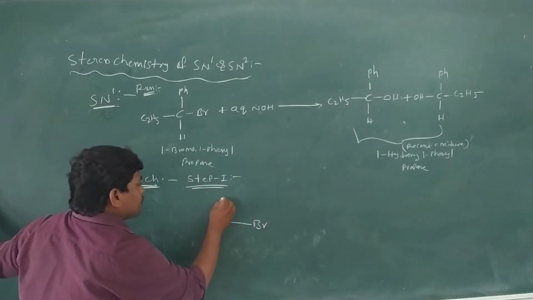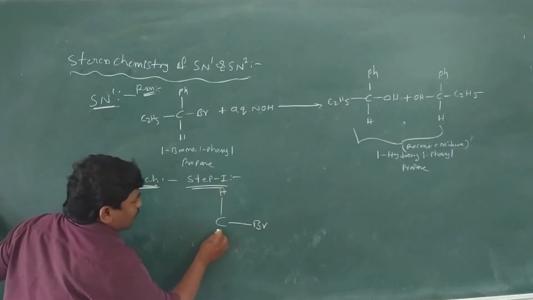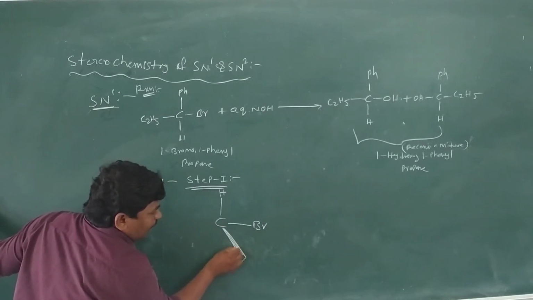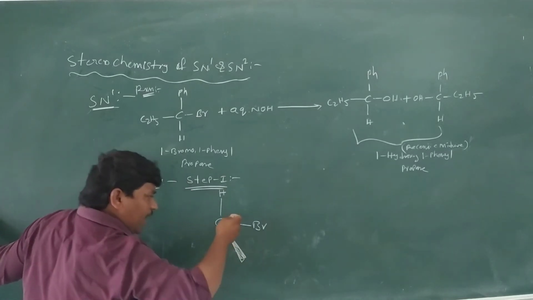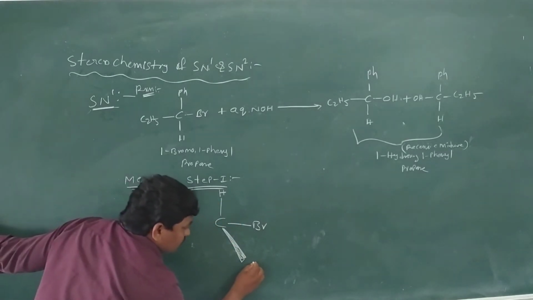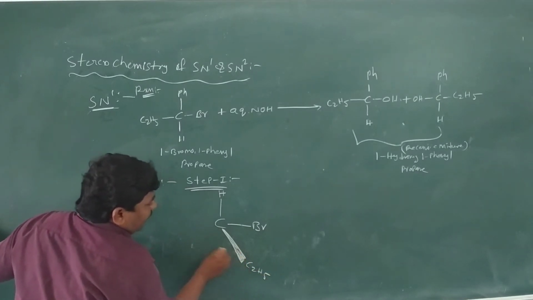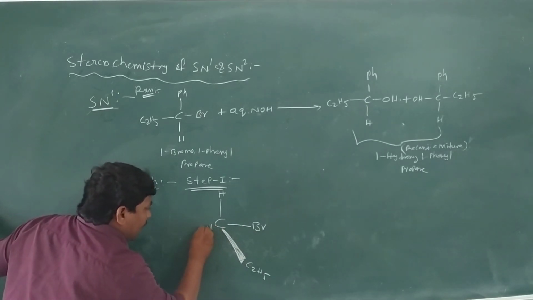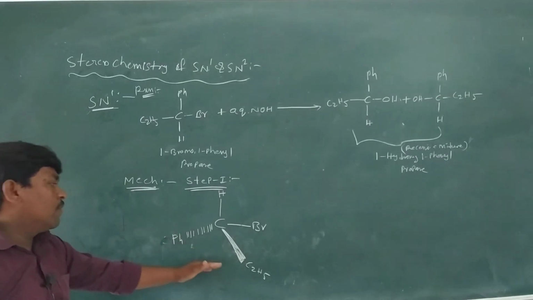Br, H. The dark line indicates the front side, and the dotted line indicates the back side.